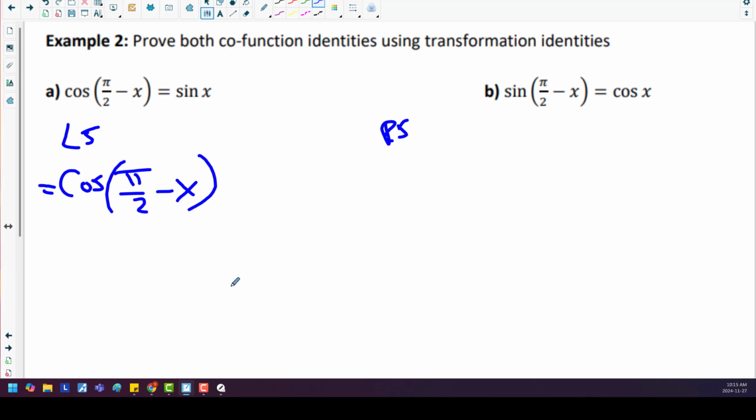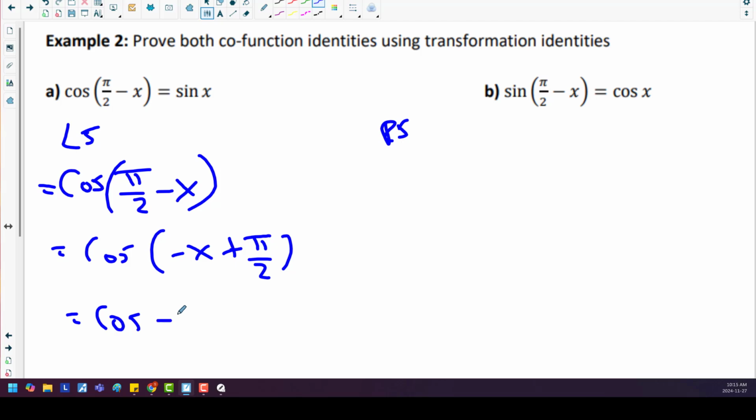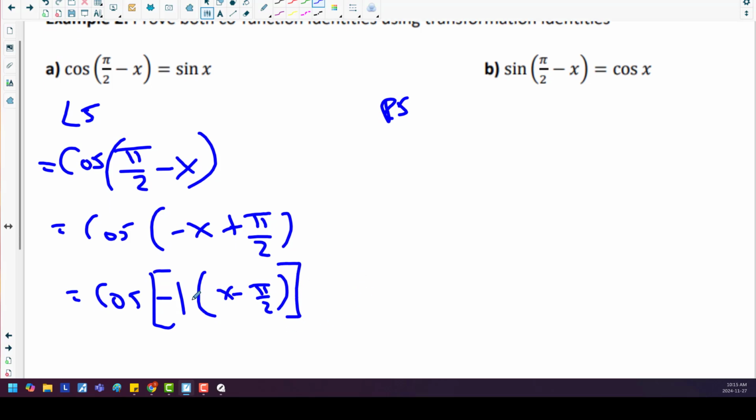What can we do here? Well, I'm going to rewrite this. I'm going to write x first, and then factor out a negative 1. This is going to be x minus pi over 2. We have a negative value here.